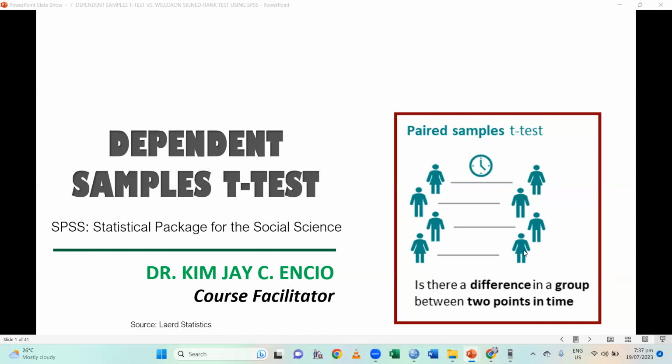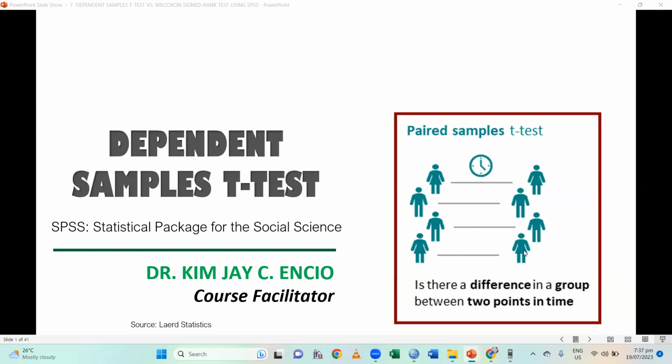Take note, there are two sets of data that were gathered from each of these persons. This one is no longer independent. The data is no longer independent of one another, but rather they are paired because you gather two sets of data from the same set of individuals.